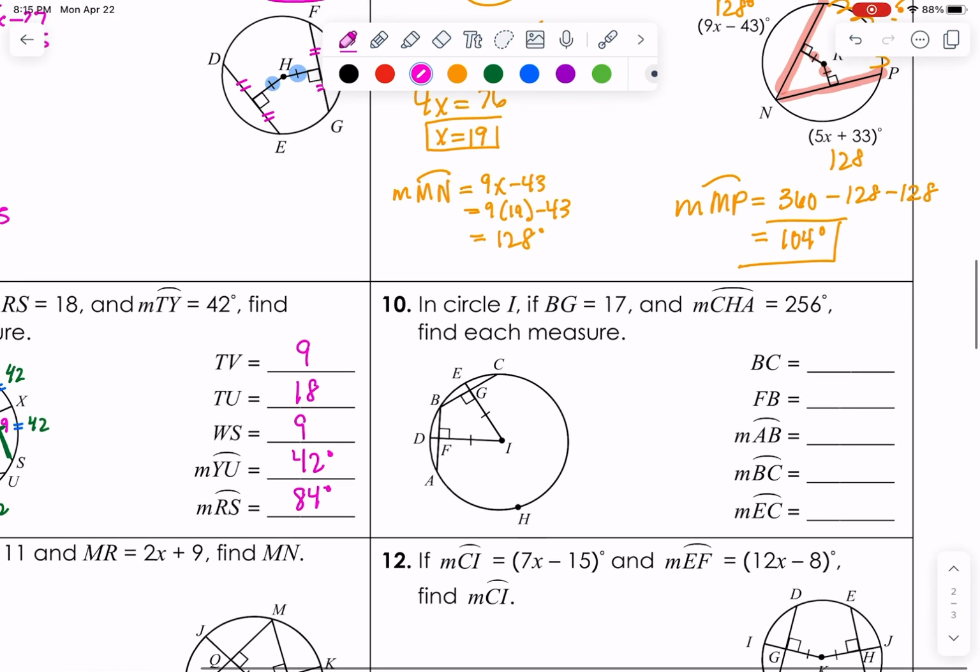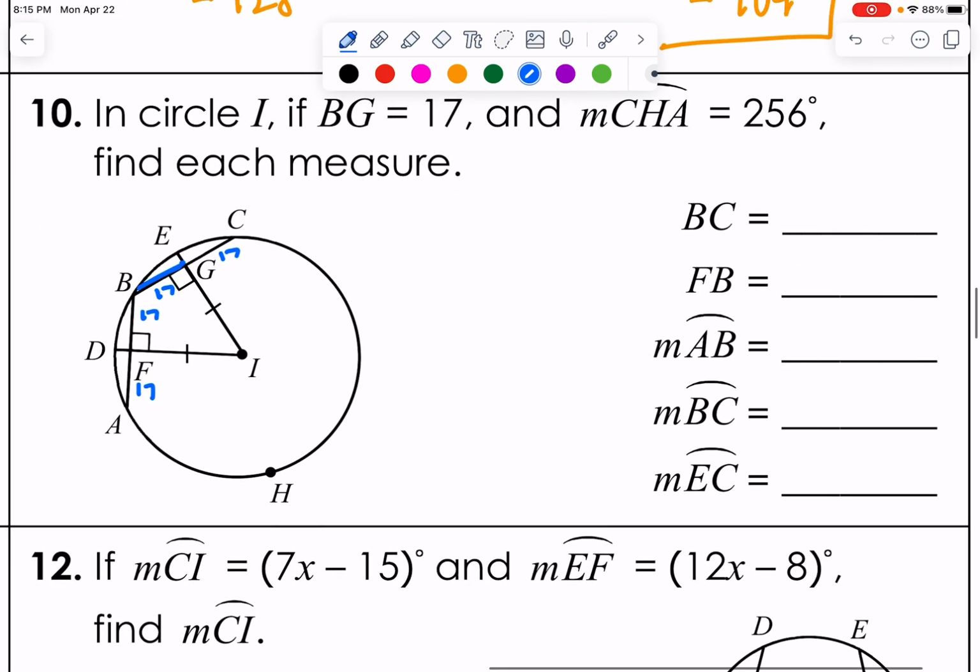So now let's look at circle I for number 10. So BG is right here. This is 17. That means this is 17, this is 17, and this is 17. And this big arc is 256. Well, that means that this arc is equal to this arc.